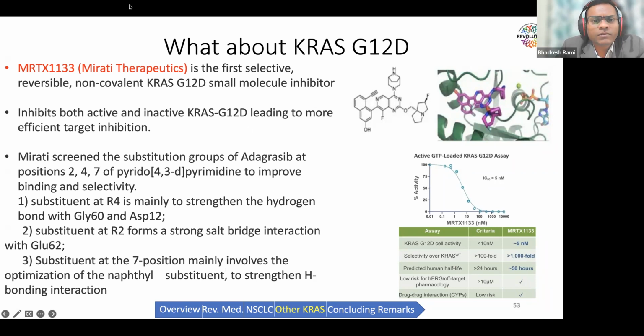The important thing about the mechanism, the difference between adagrasib or sotorasib and this MRTX1133, is that it acts at 2 levels. One is it binds to the inactive form, that's the KRAS G12D in the GDP bound form, and therefore prevents the cycling of this GTPase, the KRAS protein, to the GTP bound competent state.